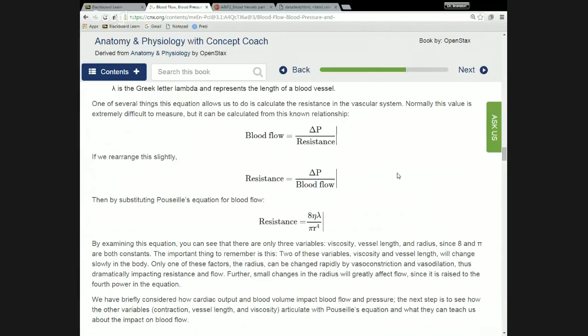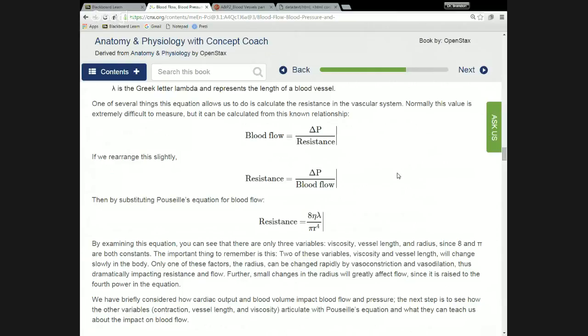If we just break this down to the relationship of blood flow to each of these two things, we can say that blood flow is proportional to pressure, which I've been saying all along. Pressure is what causes blood to flow. Greater the pressure, the more blood will flow. And then blood flow is inversely proportional to resistance, which is to say more resistance means less blood flow.